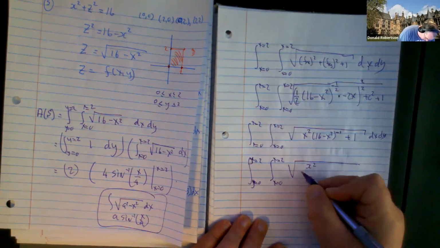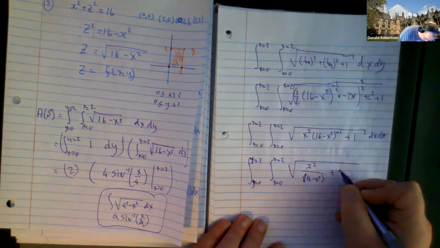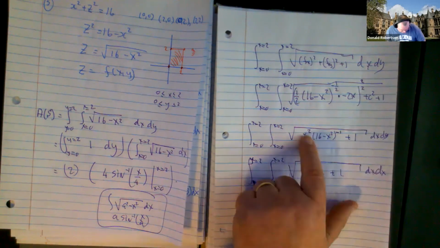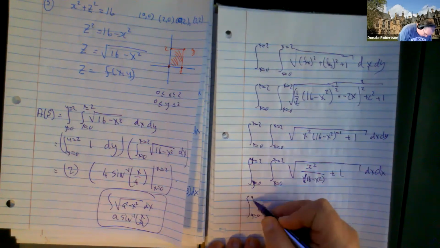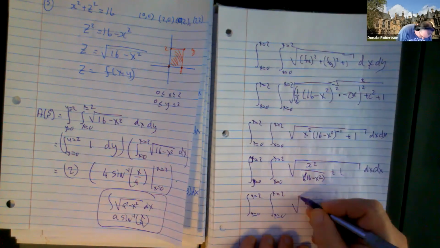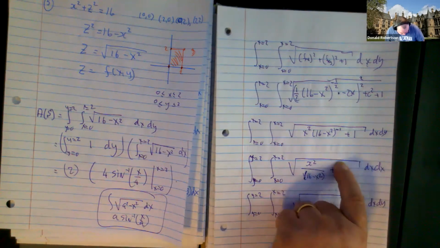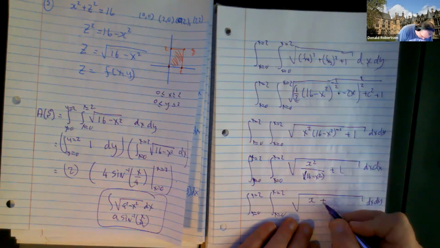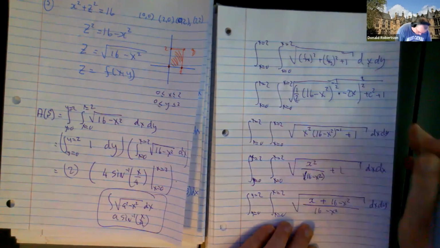Which now means we have got that guy, x squared over this fella, plus 1. I wish I'd stuck to my mistake, because my mistake's actually going to look almost like the question. I'm going to call that guy 16 minus x squared over 16 minus x squared. That means I can do this guy plus 16 minus x squared all over 16 minus x squared.